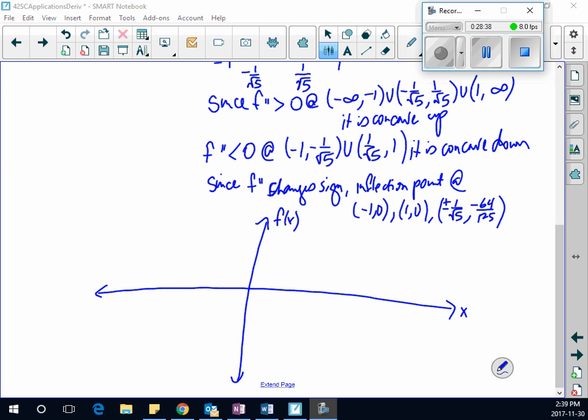We have x-intercepts at negative 1 and positive 1. We have a local min at 0, negative 1.